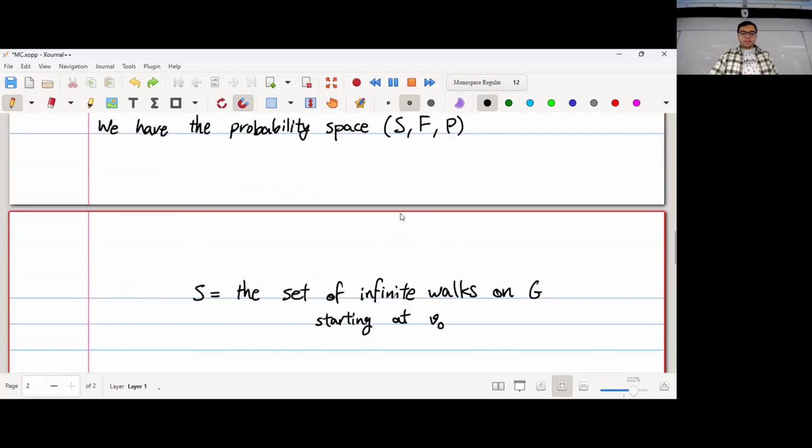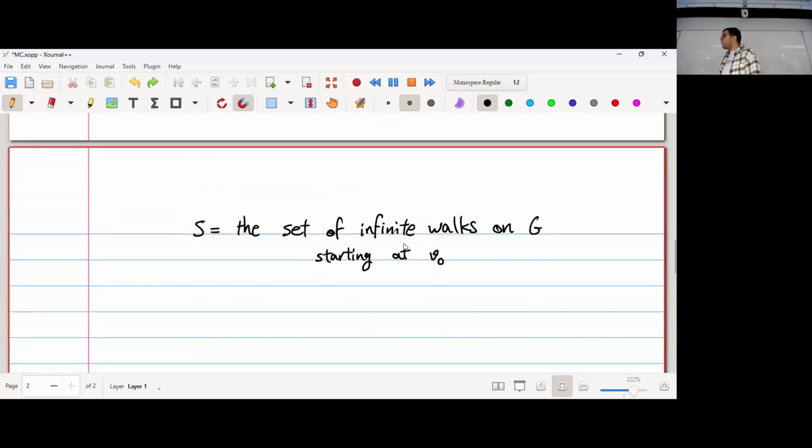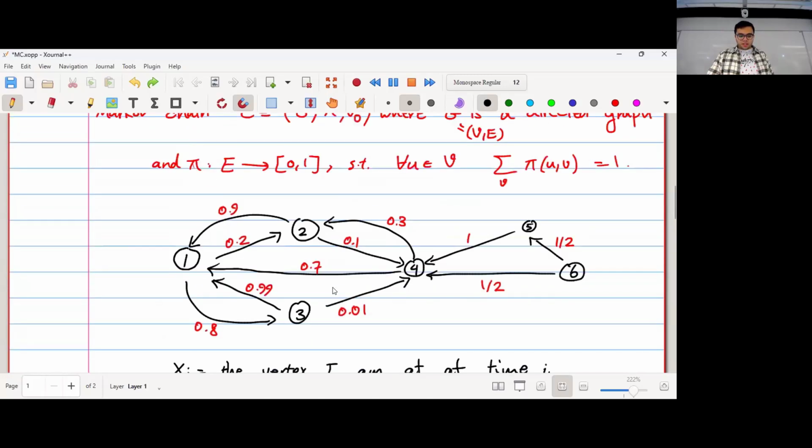But the problem is that I'm working with infinite walks. I'm not working with finite walks. So what I can say is this. Take a particular finite walk, for example, again, the walk 1, 2, 4. The probability that I take this is 0.2 times 0.1. So I have the probability of this finite walk.